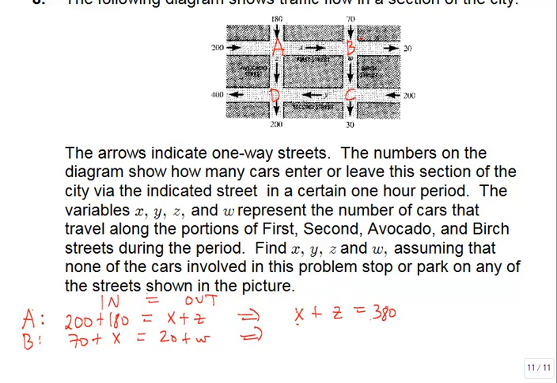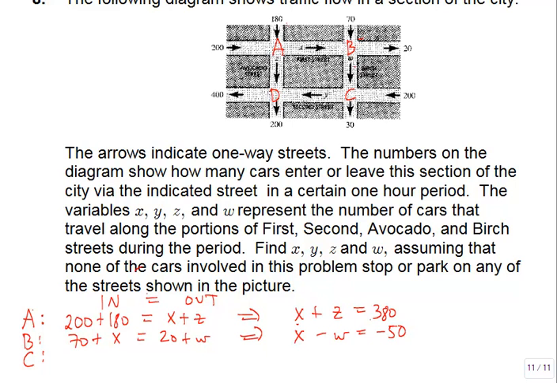I'm going to subtract the W over to the left side, and I'm going to subtract the 70 over to the right side so that the numbers are on the right. So this becomes X minus W equals negative 50. Okay, there's equation 2. Now let's do equation 3 for intersection C.